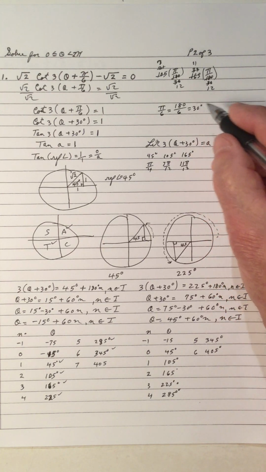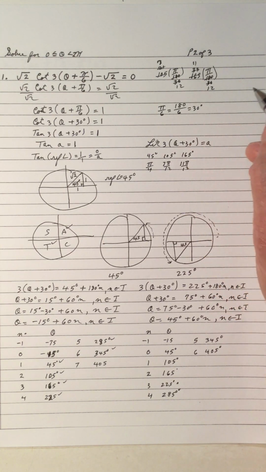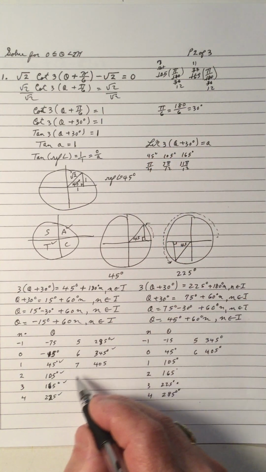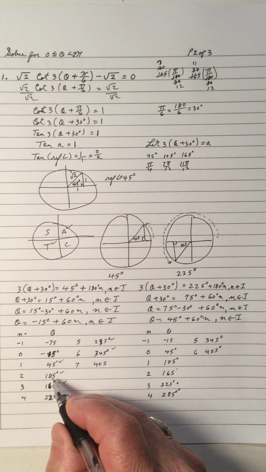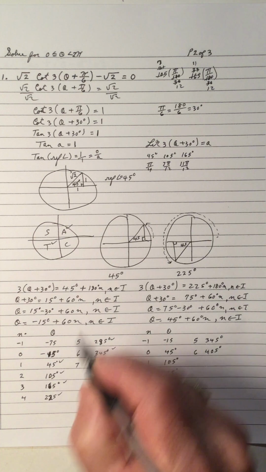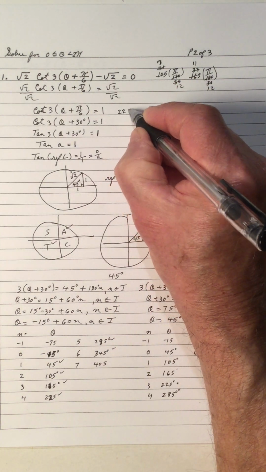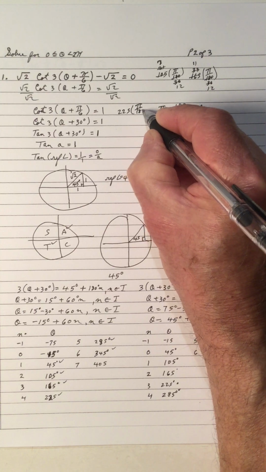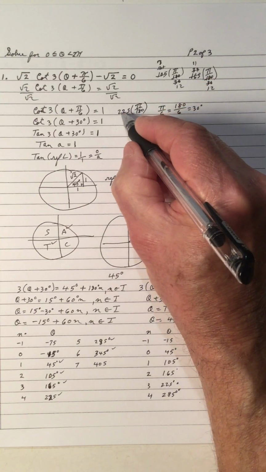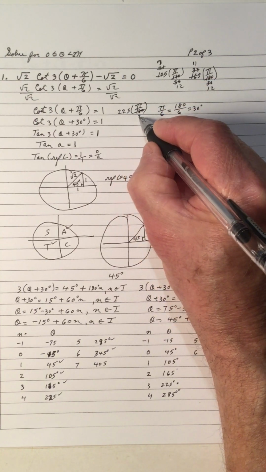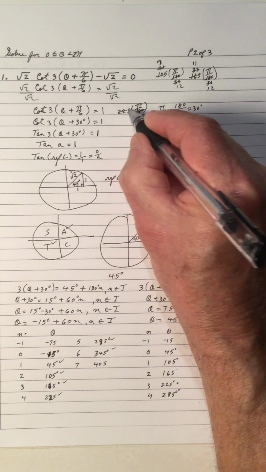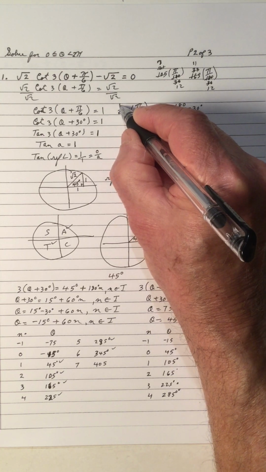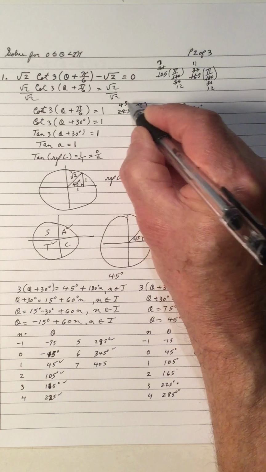Okay, now we've got to convert, what's the next number? The next number is 225. So 225 multiplied by pi over 180. So 5 into 180 goes 36. 5 into this goes 45.